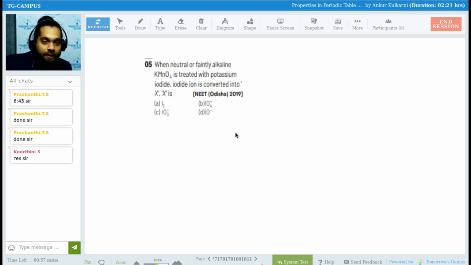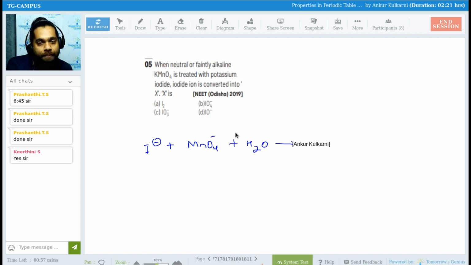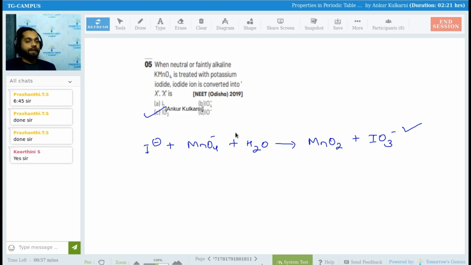If you treat potassium iodide, that is your I minus, with MnO4 minus in the neutral medium, what do we get? MnO4 minus will convert to +4, that is MnO2, and I minus will convert into IO3 minus. Are you getting it?